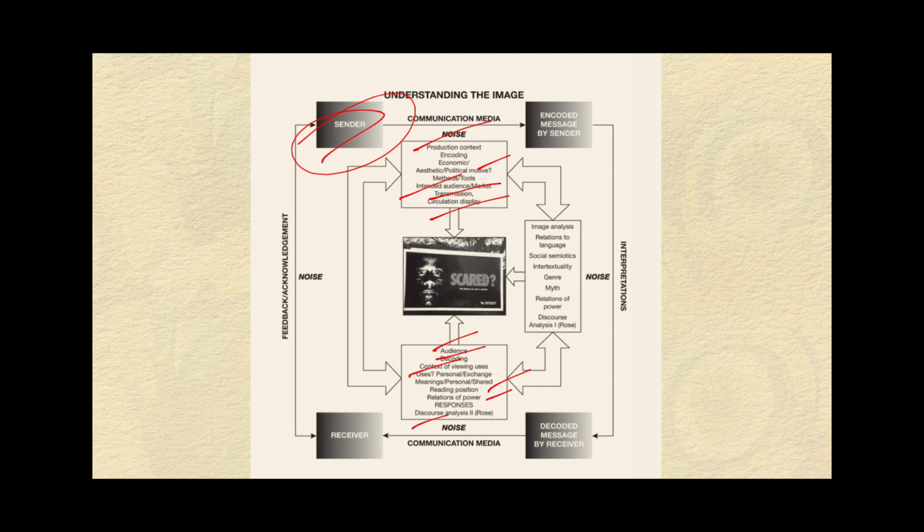We can analyze the image, again, how it's related to power, what genre is being used, what is the myth or the narrative being propagated by the video or the film or the photo. How is it related to the language attached to it? What is semiotics, or the meanings found there? And then, of course, discourse analysis in relation to power.